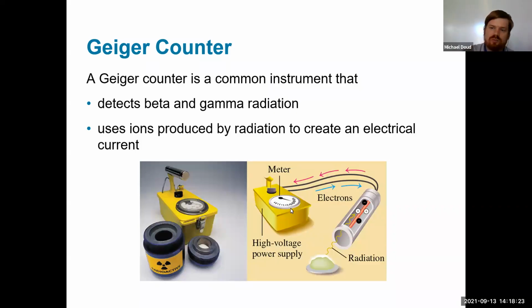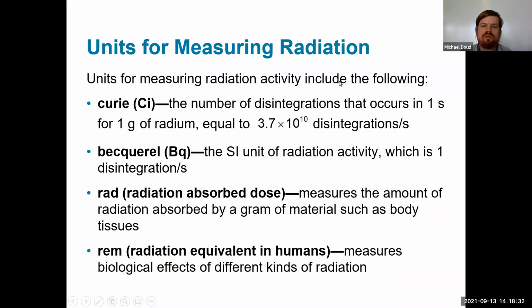And then the closer it is to the radioactive source, the more radiation hits it, the faster it clicks. So there are several different ways of measuring radiation, as I mentioned, and we'll mention a few of them here. A Curie, for example, is the number of decays that occur in 1 second for 1 gram.